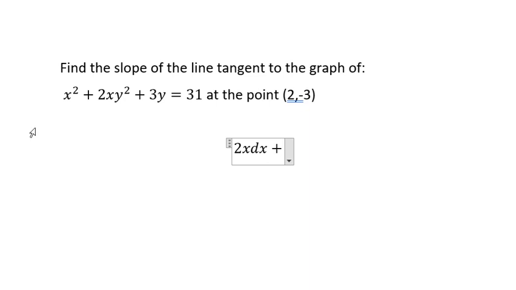Next, I take the derivative with respect to x of 2xy squared. In this case, we consider y squared to be a constant, so we don't care about taking the derivative of y squared. We just need to take the derivative of x.